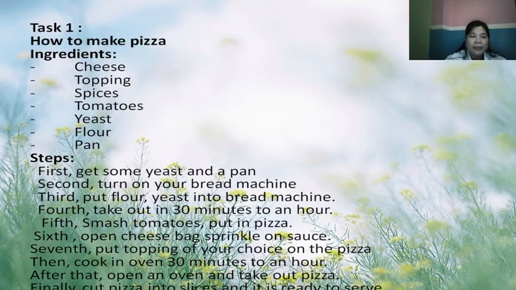And then Ma'am Tina has finished explaining the definition of procedure text, the generic structure of the procedure text, and the purpose of the procedure text. And then we are going to task one, how to make a pizza.